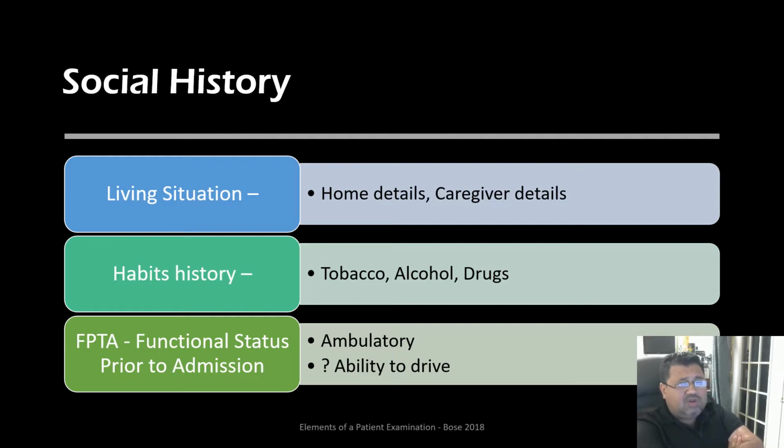And finally, we look at what we call the functional status prior to admission, or FPTA. Was the patient ambulatory? What durable medical equipment do they have, and were they needing something to walk with? In many cases, they would be needing a wheelchair. So were they using a wheelchair? Could they drive their own wheelchair, or did somebody else need to drive it?